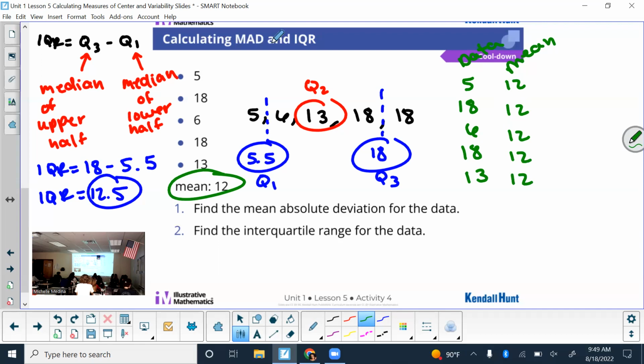Now we need to find the deviation from the mean. So how far away is 5 from 12? 7. And if you're doing it like we did in the table, it would be 5 minus 12, which is negative 7. Then you take the absolute value, which is 7, right? So I'll show you for completeness. But then what's 18 minus 12?